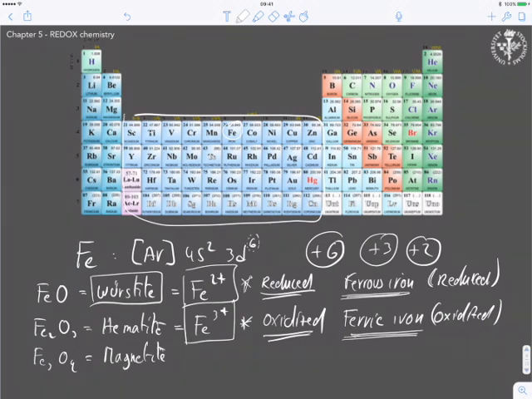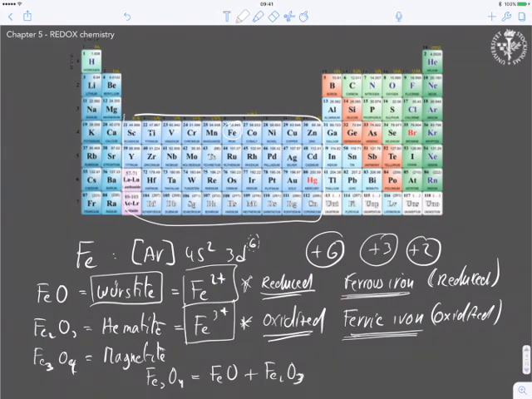What is the oxidation state of iron in magnetite? This is a tricky one because you cannot have a simple rule. It is Fe3O4. But if you want to understand that, you can simplify this by having Fe3O4 equal FeO plus Fe2O3.